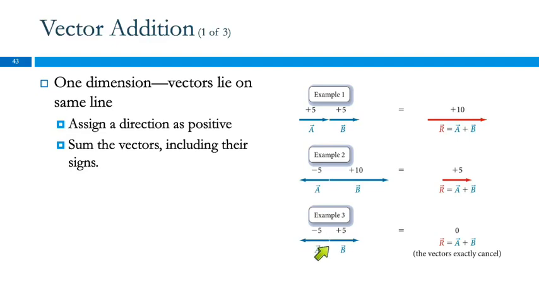Here we have equal in magnitude, opposite in direction. So -5 and +5, and these add up to 0. They cancel exactly. Does that make sense? We have to understand the one dimension before we go into 2 and 3 dimensions. So if you have any questions, ask them now.